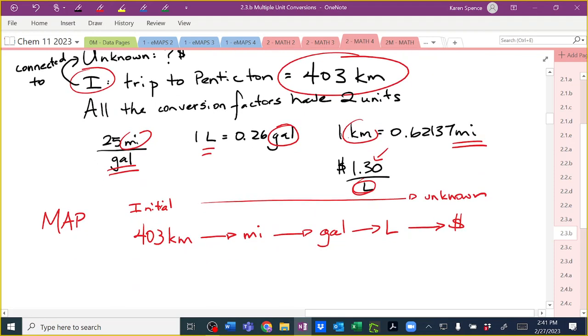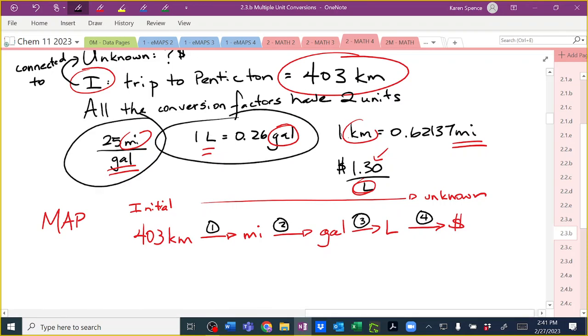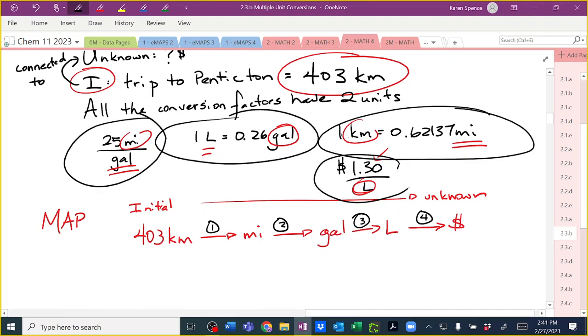Now we know we're going to have a 4-step process. Okay? 4 conversion factors, that's good because we have 1, 2, 3, 4 conversion factors. So 4 steps, 4 conversion factors.